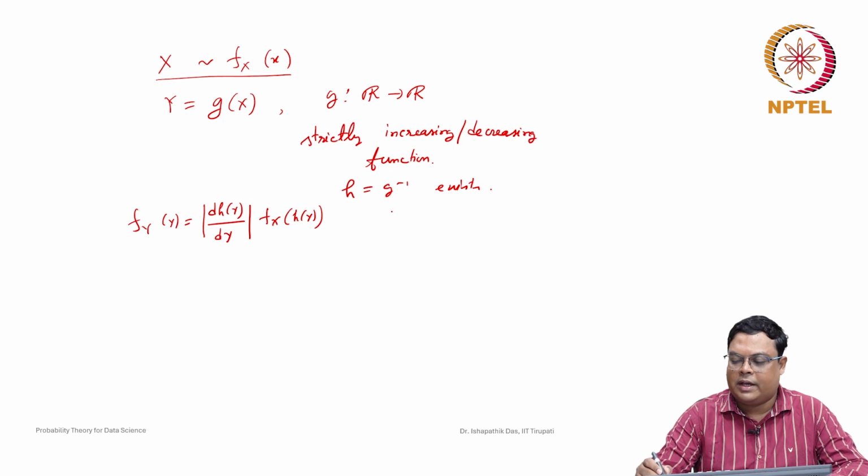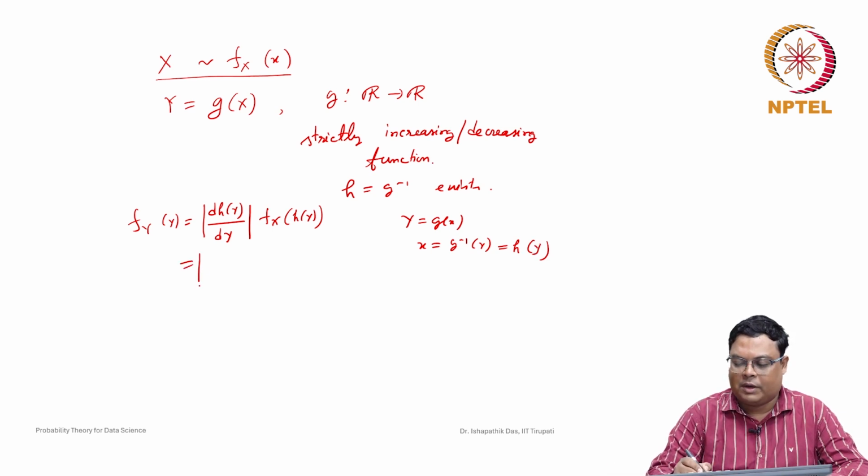Since Y equals g of X, X equals g inverse of y, which exists by assumption, and this is equal to h of y. That's why we sometimes write dx/dy times f of x at h(y).